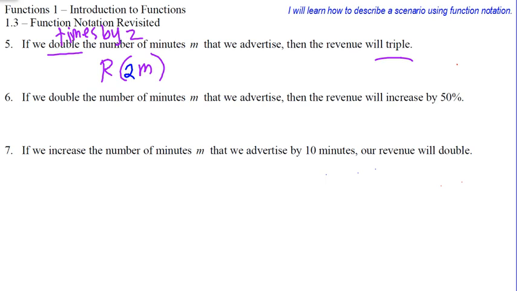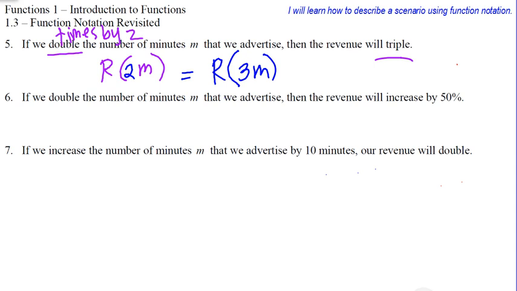All right, that we advertise, then the revenue will triple. So something will happen to the revenue, and the revenue will triple. Oh, by the way, is this correct? Do you think it's right if you put the 3 inside there? Do you think that means the revenue will triple or no? I don't think so, right?